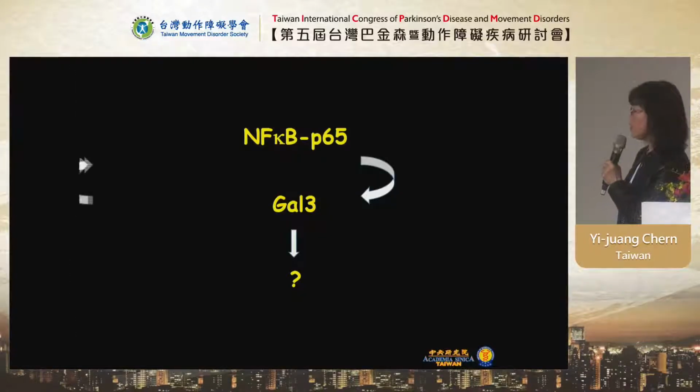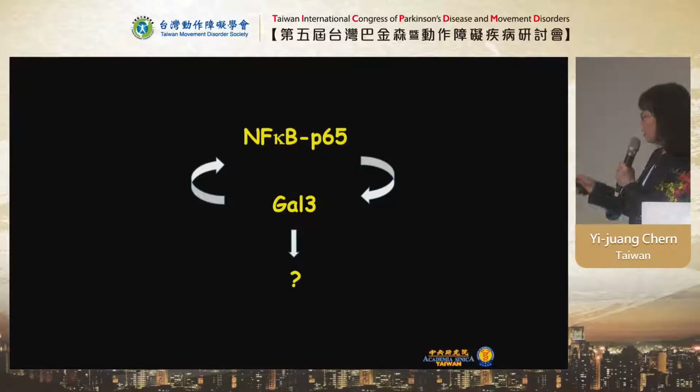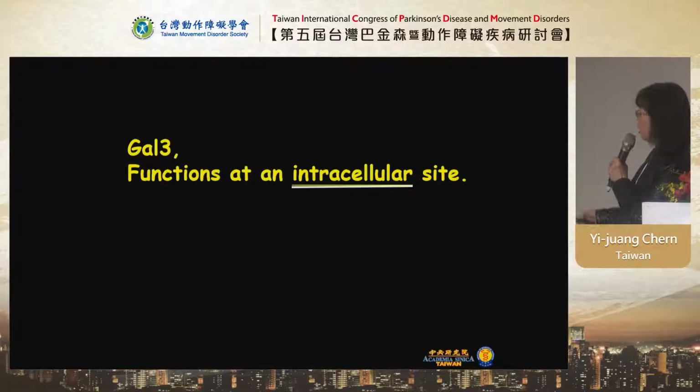So what it tells us is that first, we see a feedback, a regulation of galectin-3 to control the NF-kappa B, and its function is intracellular.